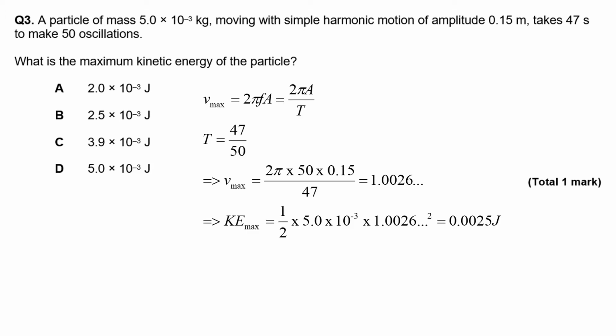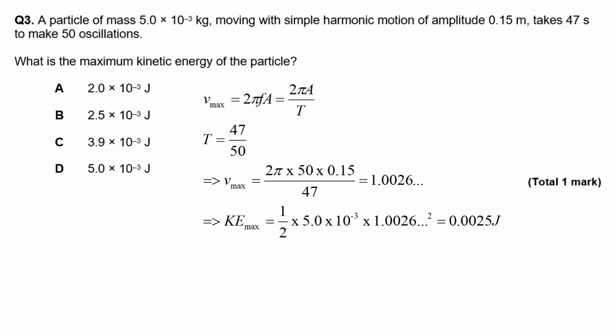So the first line there, we have this equation to calculate Vmax, 2 pi f A, and we don't have frequency, we have the ability to work out the time period, so I'm going to change that to 2 pi A over T. The time period is going to be 47 divided by 50, because it takes 47 seconds to do 50 oscillations. We need the time for 1 oscillation.